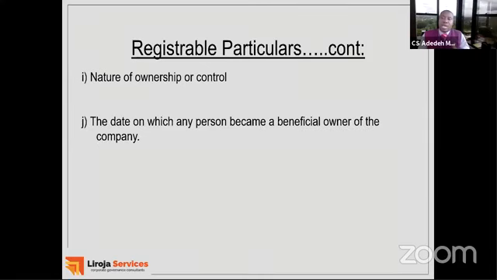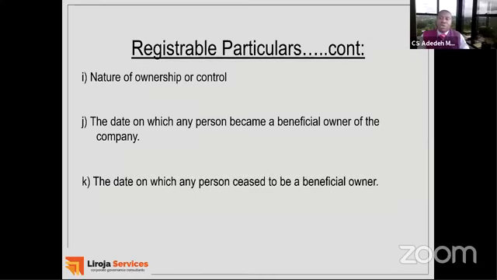Now, in addition to identifying that, we have to then say when the person started being a beneficial owner. For companies that were in existence when the BO regulations were commenced, the date of commencement of the regulations is the date of becoming a beneficial owner, and we will address that in the next few slides. Now, where you are filing a change, then we need to indicate the date that this person ceased to be a beneficial owner.